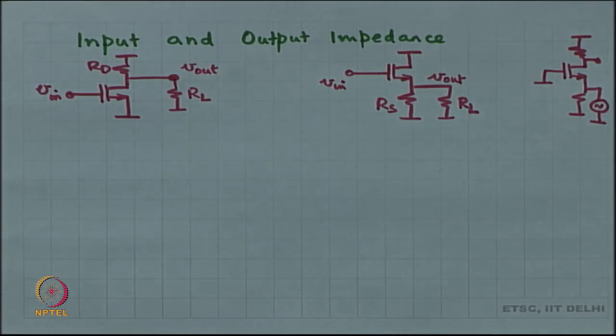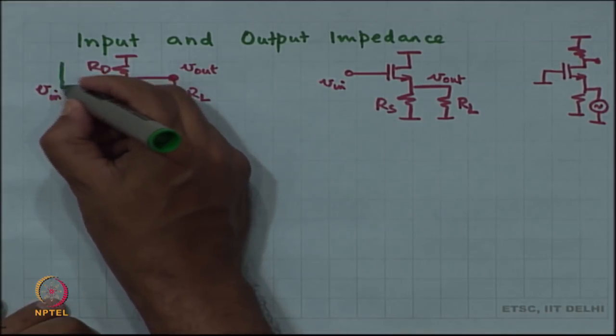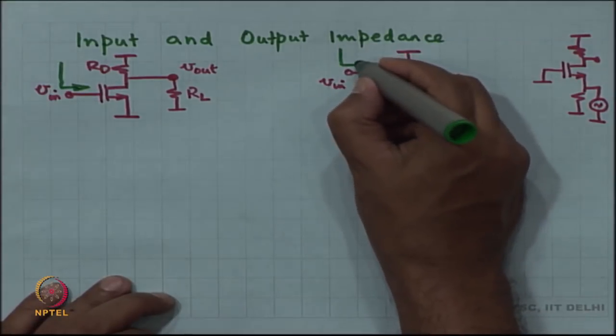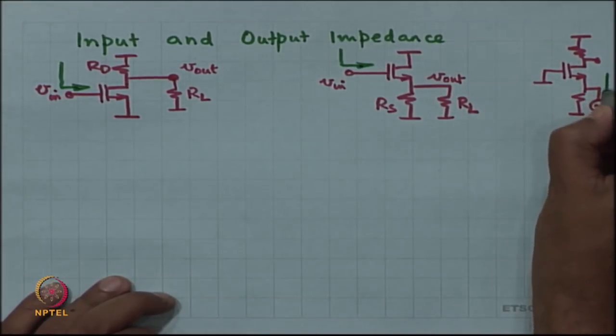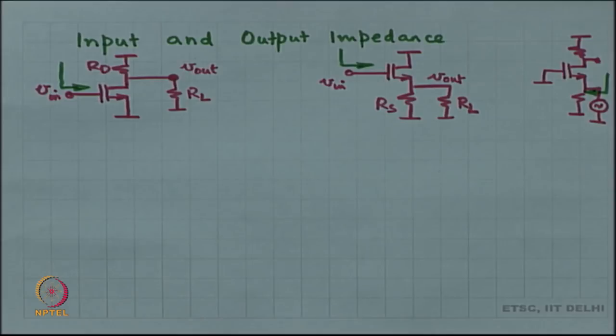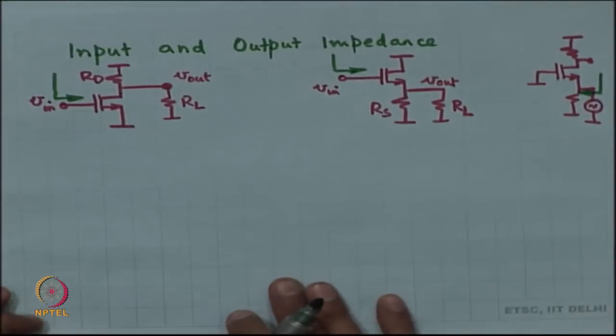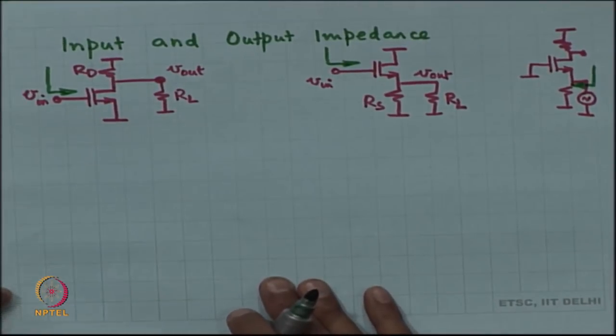Okay. These were my 3 circuits. Now, what I want to know is what is the impedance looking into the circuit at the input, in these 3 cases. Okay.